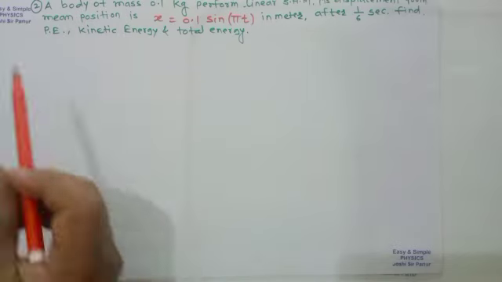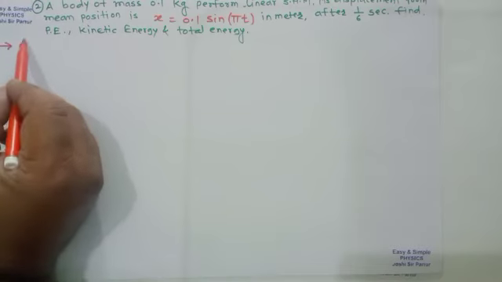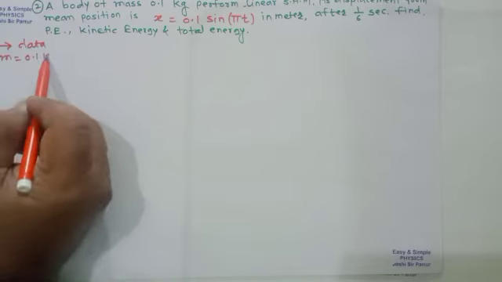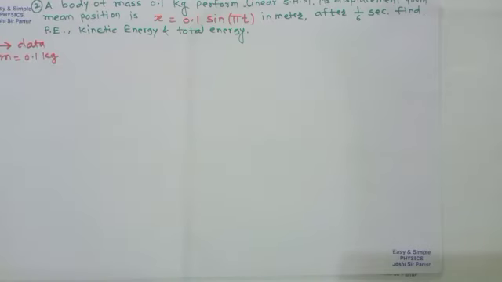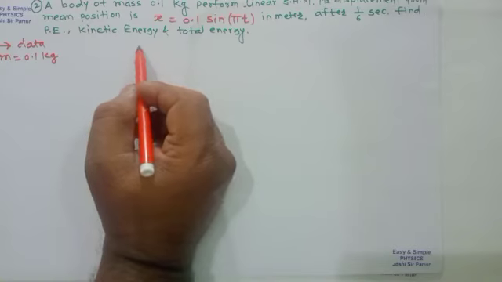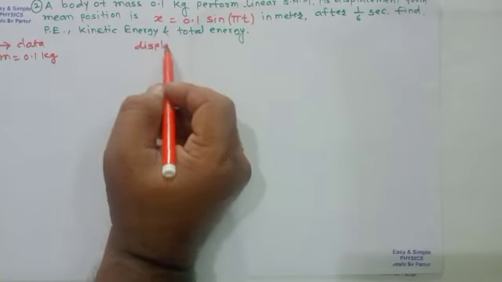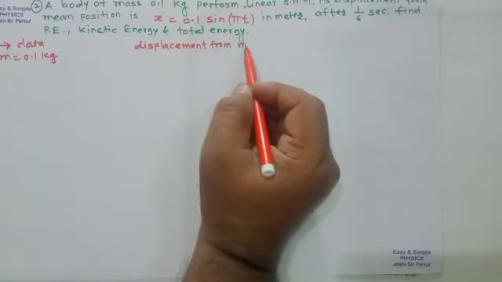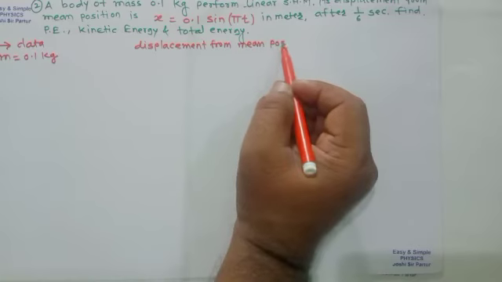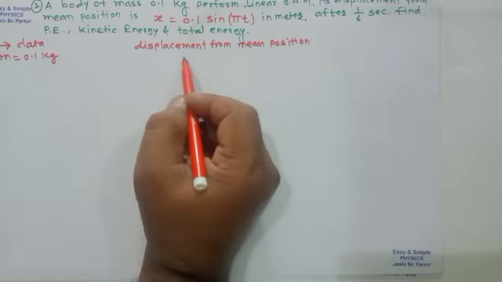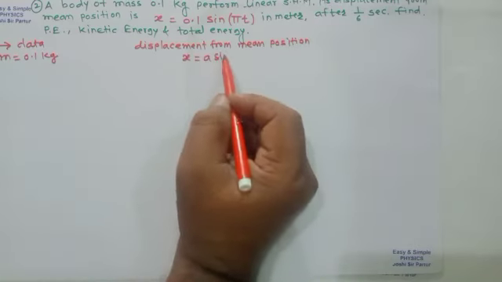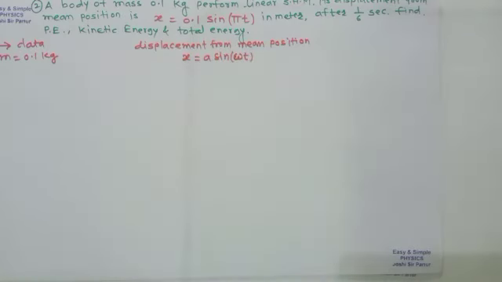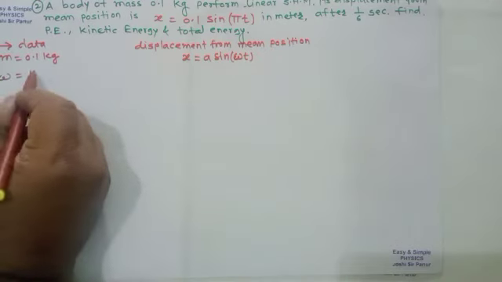In this numerical, we have to write the data. Here mass will be 0.1 kg, and by comparing with the displacement from the mean position, x equal to a sin of omega t, omega becomes pi.